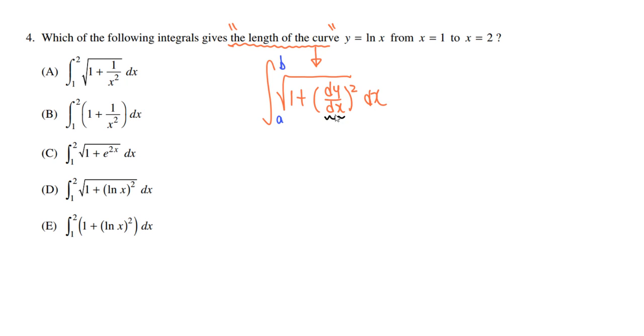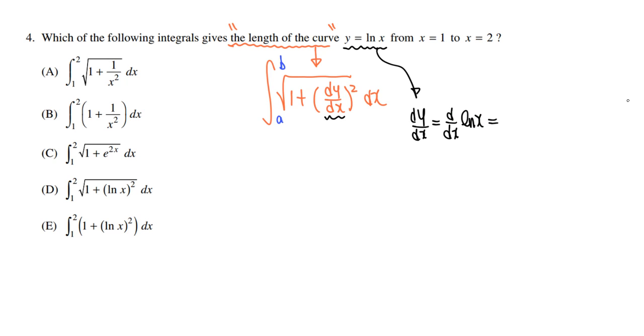Here dy/dx is the derivative of a function, so you have to find that. Here y equals ln x is the given function, so I'd like to find its derivative now.